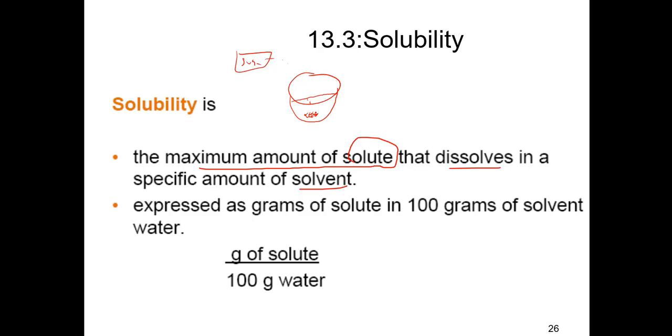And then I'm erasing that portion because that's the sugar dissolving. He then found out, amazingly, that if you put too much sugar inside a bowl of milk, it stops dissolving, and it just sits out. So solubility is the maximum amount of solute that dissolves in a specific amount of solvent.